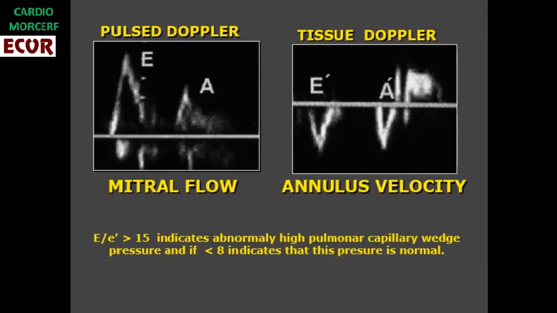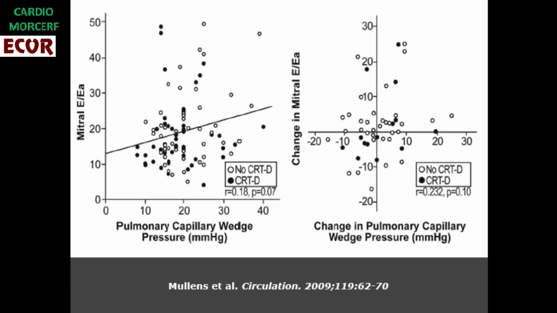Another use of the tissue Doppler is the evaluation of capillary wedge pressures. This is performed using the relation of the E wave velocity of the mitral flow to the E' velocity of the tissue Doppler. This relation, when greater than 15, indicates an abnormally high pulmonary capillary wedge pressure, and if less than 8, this pressure would be normal. This E/E' relation has been shown not to be useful in patients with normal hearts, and more recently also in patients with heart failure.